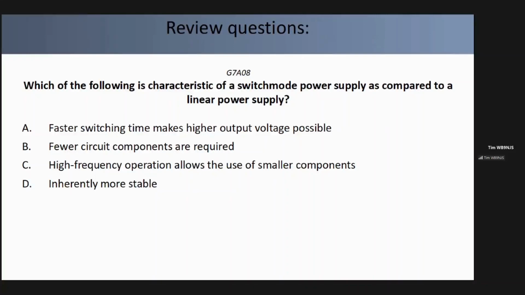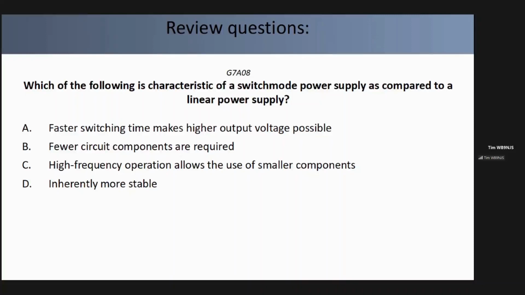Okay, section 7, which of the following is a characteristic of a switch mode power supply as compared to a linear power supply? Lots of ways to take AC and convert it to DC to run your radios. The old-fashioned way is with the linear power supply, which often have very large and very heavy transformers in them.